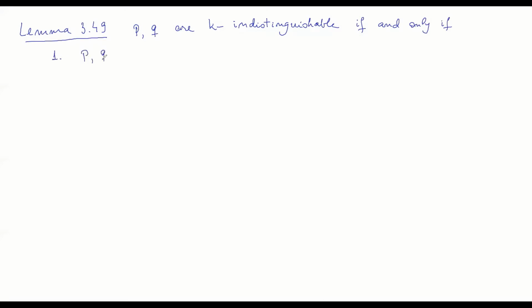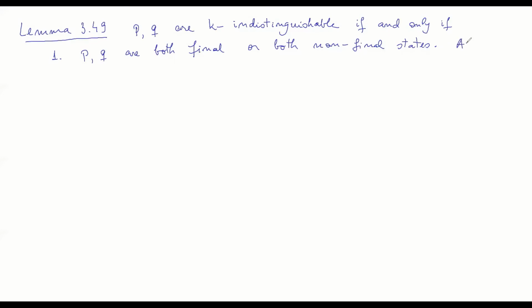P and Q are both final or both non-final states, right? Because they are indistinguishable. So if they were one final, one non-final, then you could distinguish. So they are in the same category from the point of view of the final states. Either they are both final or they are both non-final.